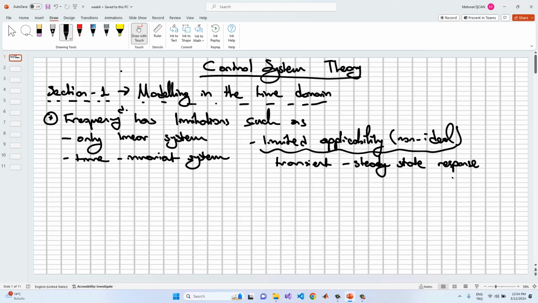In the frequency domain we can analyze the system in terms of the transient and steady state response. What are the transient and steady state response? Do you remember that from the system dynamics lesson? The transient is the first part of our time response, and steady state is always constant, or bounded within a range.